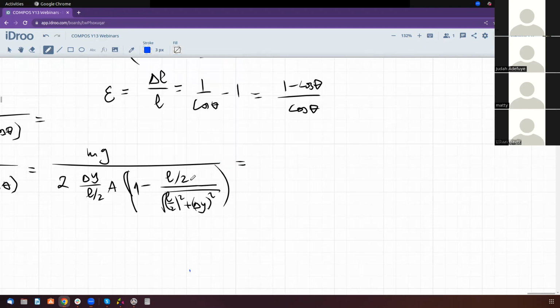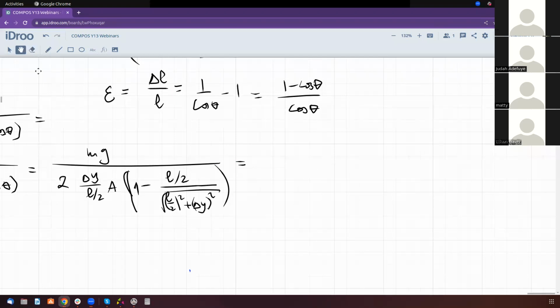Look, this is meters, and this is meters squared under a square root, so that's also meters. So meters and meters cancel out. So this is a dimensionless number, which is valid because 1 minus a dimensionless number is fine. Then we have delta y, that's meters. A is meters, L is meters as well, so that cancels out. So we have newtons divided by square meters.